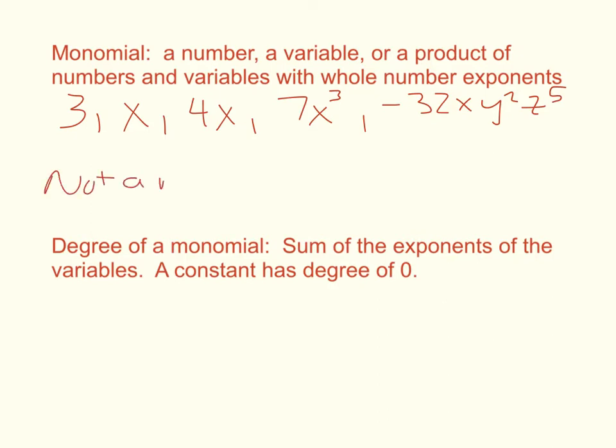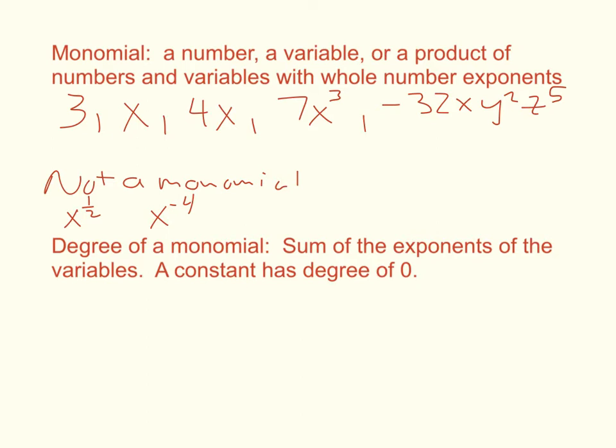Not a monomial. X to the 1/2 is not a monomial because the exponent is not a whole number. X to the -4 is not a monomial because -4 is not a whole number. It's a negative number.